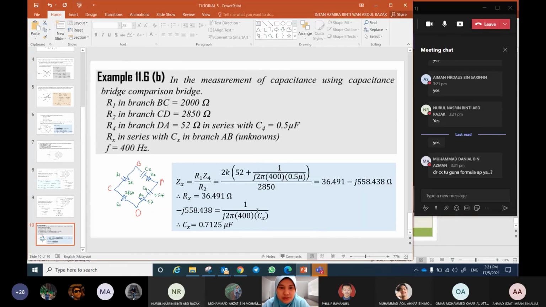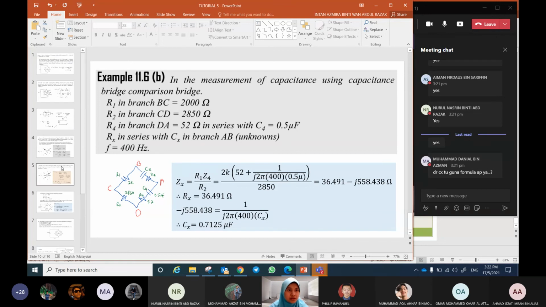CX formula apa? Okay, what is the formula for this? Okay, so we know that XC is equal to 1 over J omega C, kan?